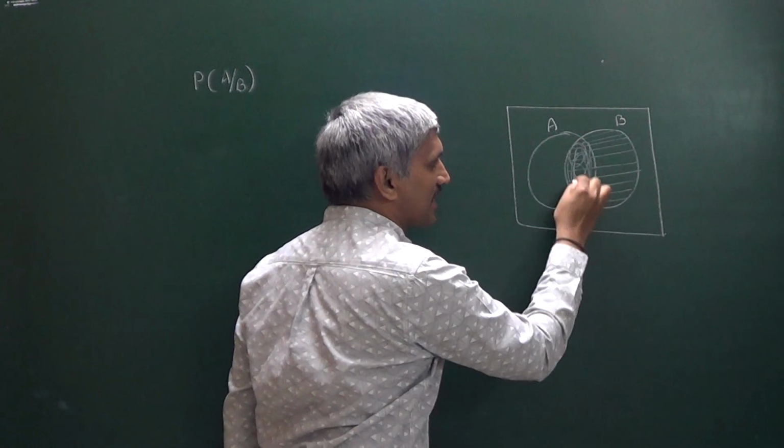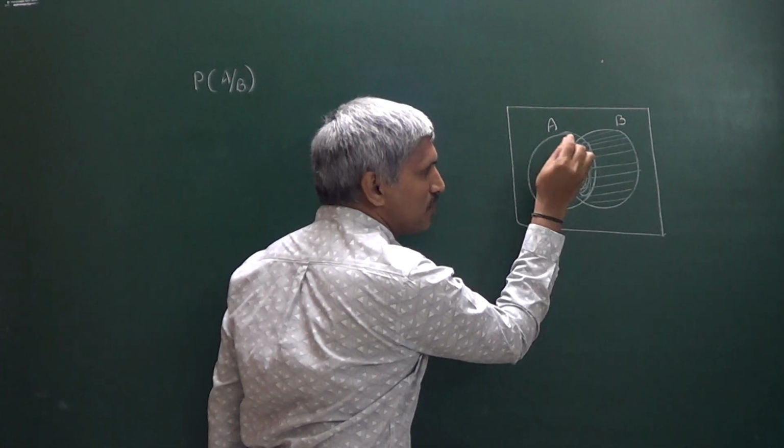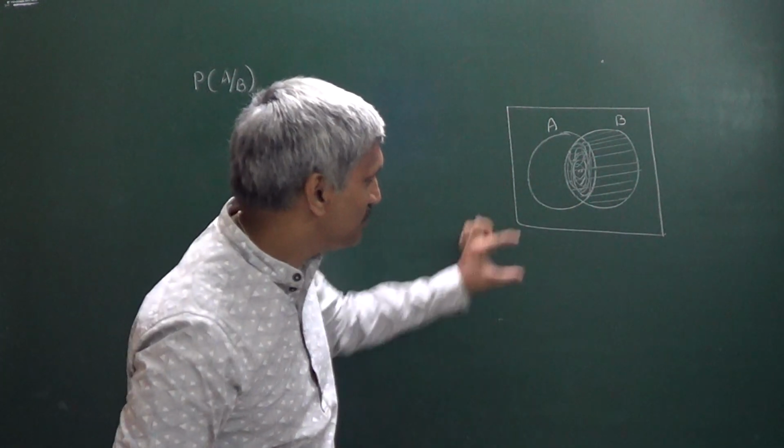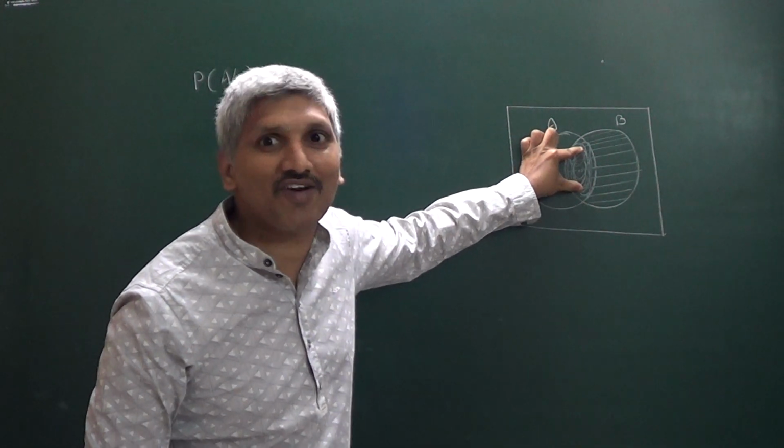When B is taken as a sample space, the probability of A is this particular portion, which is the favorable one.